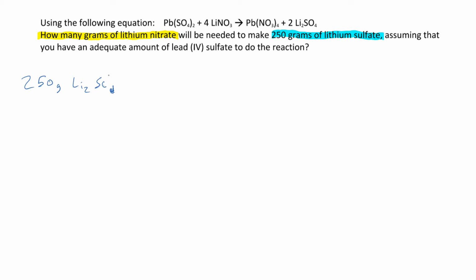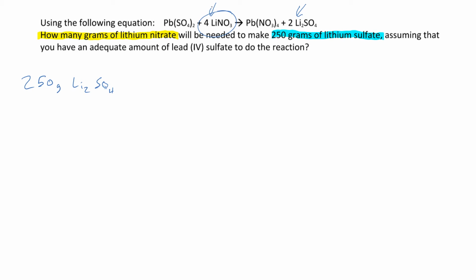Okay, so the next step is going to be to figure out, if that's how many grams of lithium sulfate we have, how many moles is that? And once we've figured out how many moles of lithium sulfate that is, we are going to use our mole ratio of lithium sulfate to lithium nitrate in order to figure out how many moles of lithium nitrate that is going to produce.